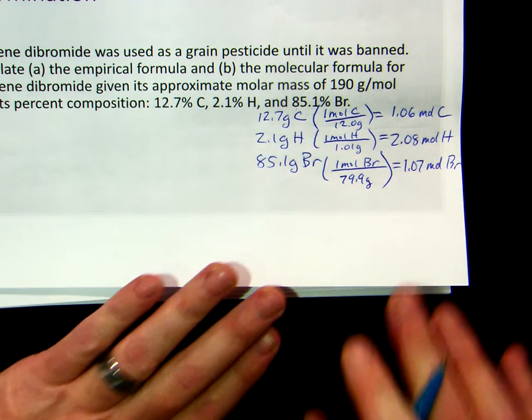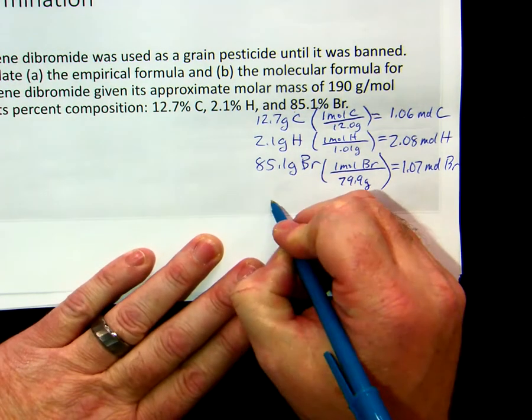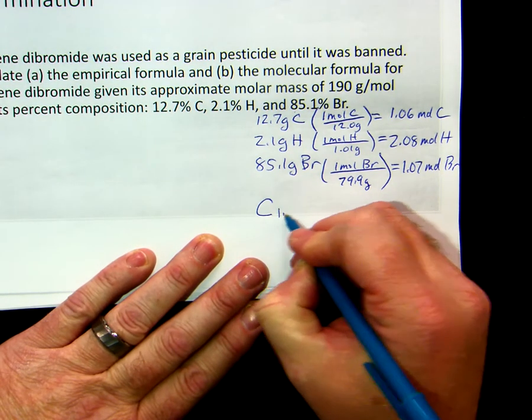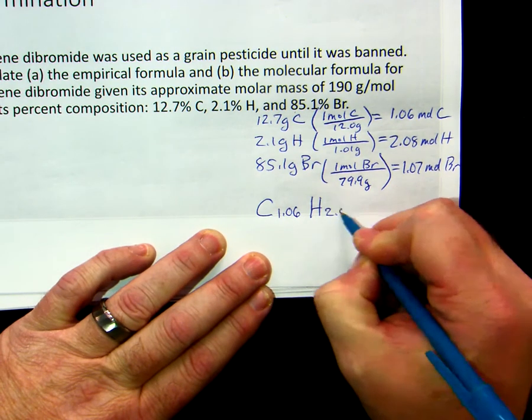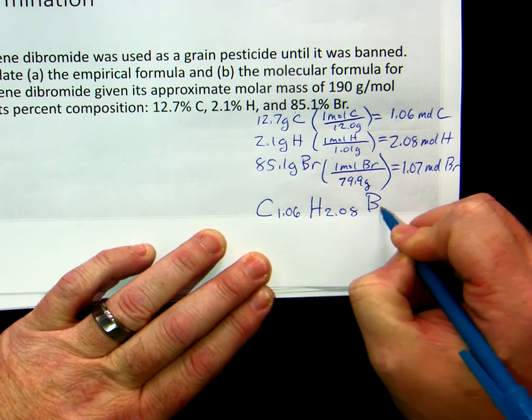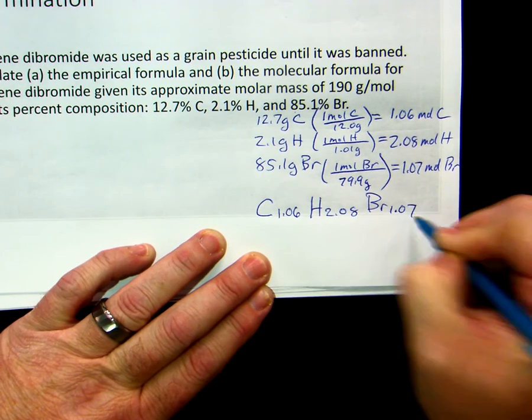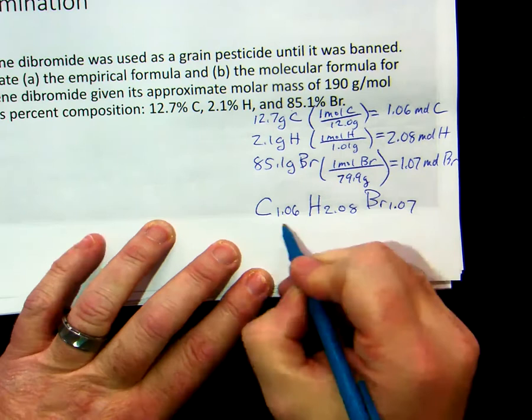All right, now you make your messed up looking formula, C1.06 H2.08 Br1.07. Then we divide by the smallest.